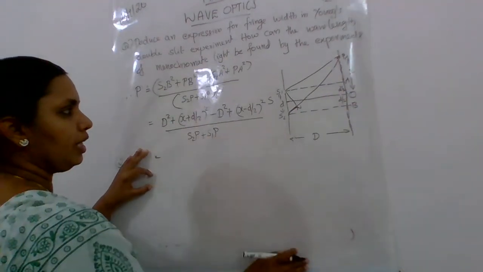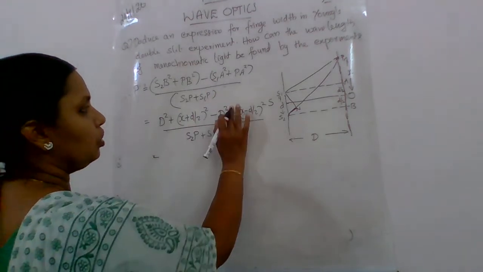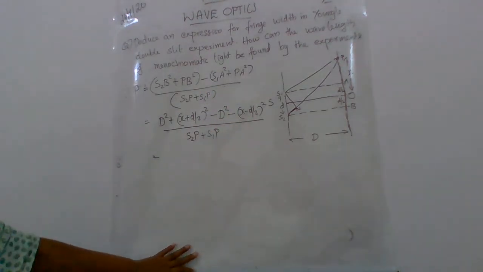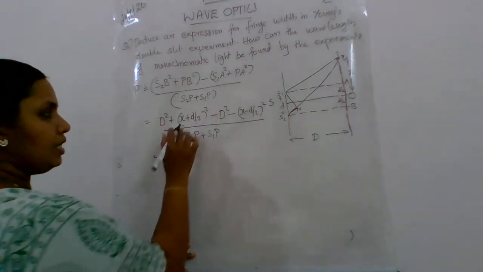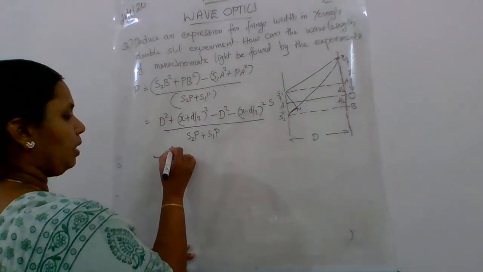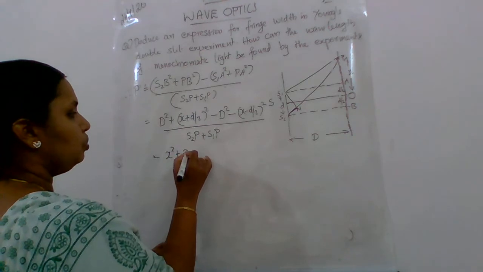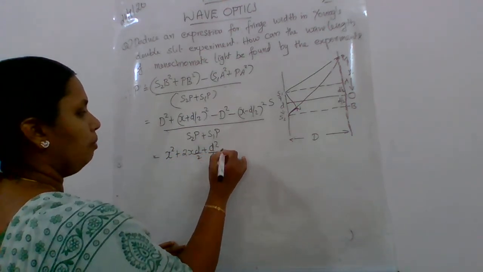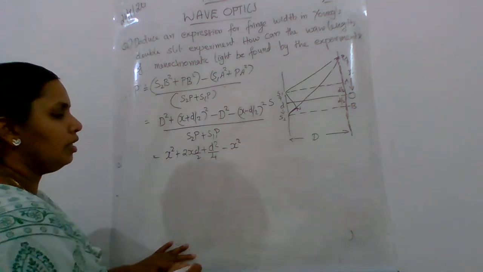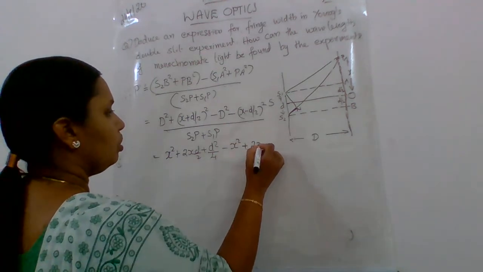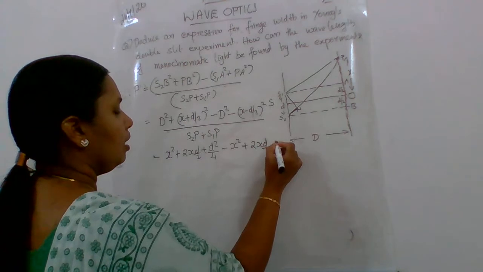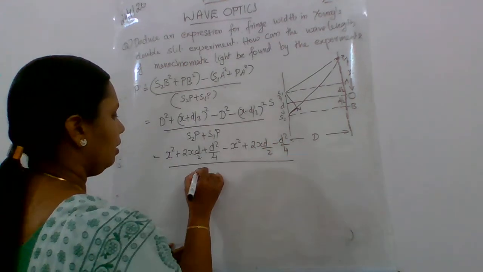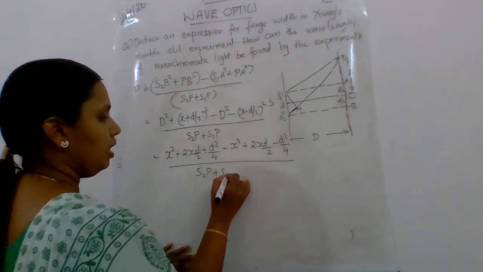Then what is it? Here D square gets cancelled, isn't it? So opening the bracket, here comes negative. So D square cancels. Then we can expand A square plus 2AB plus B square minus A square minus 2AB plus B square divided by S2P plus S1P.